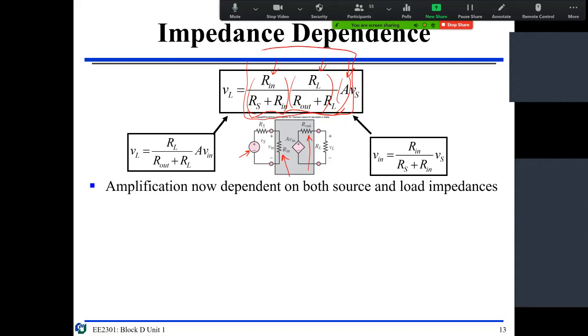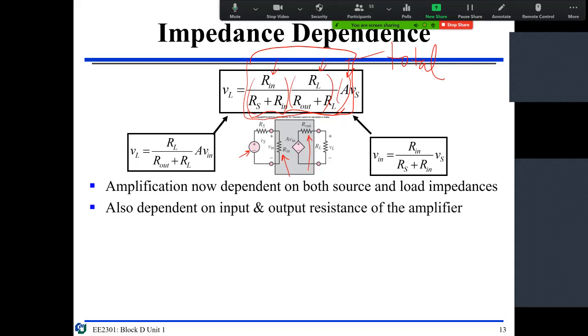This is my total. So that's too bad. It also depends on the input and output resistance, and on the source resistance RS as well.